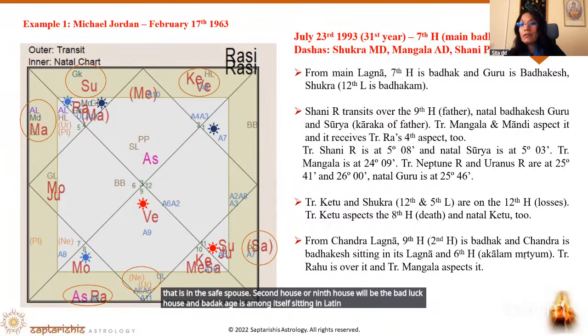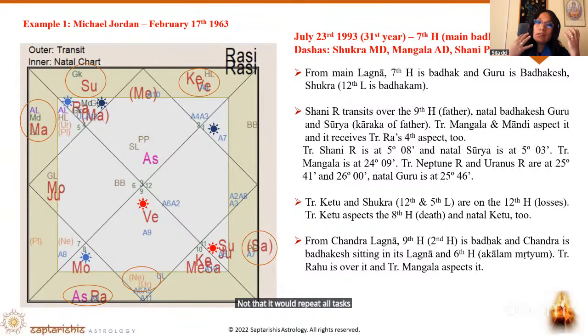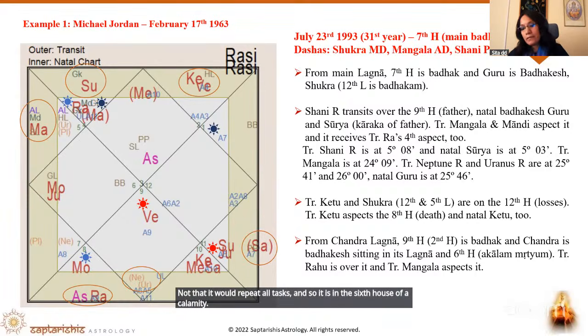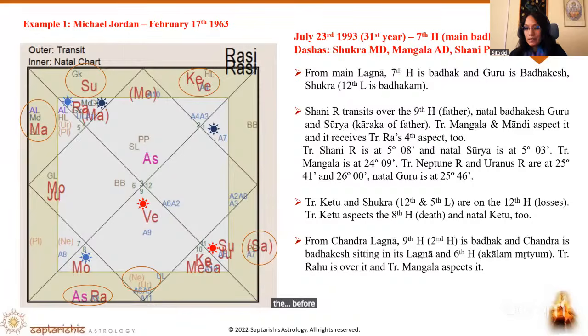We do the crisscross method that Guruji told us. So it is in the 6th house of Akala Mrityu, death before the time, or with a permanent mark. And transit Rahu is over the Moon, and transit Mangala aspects it.